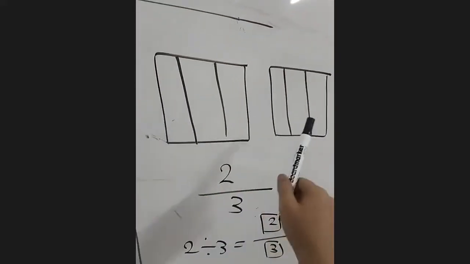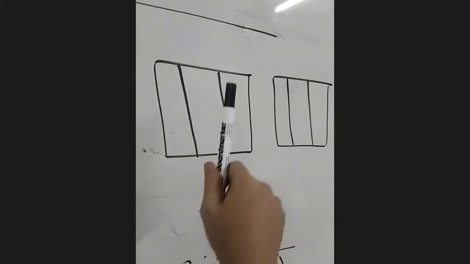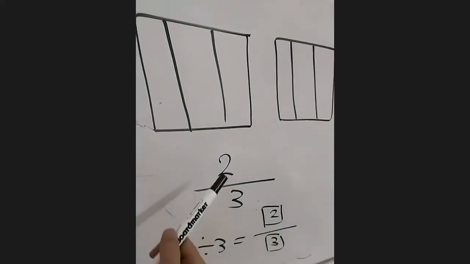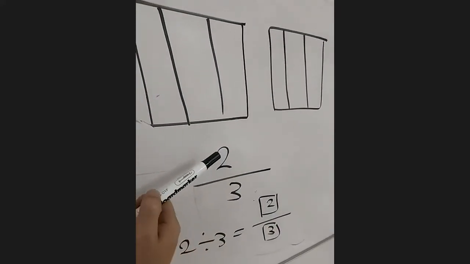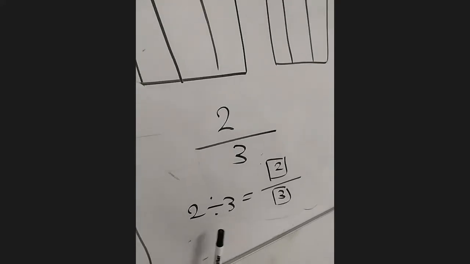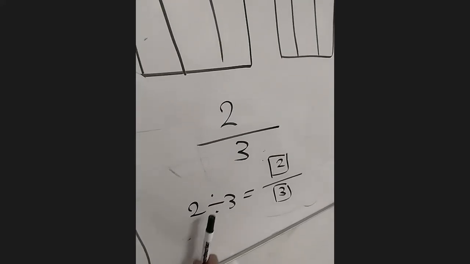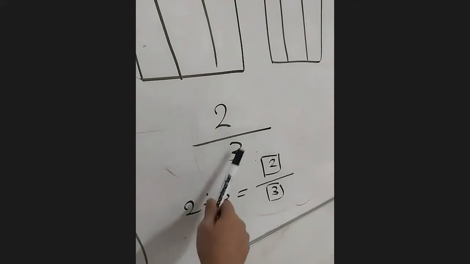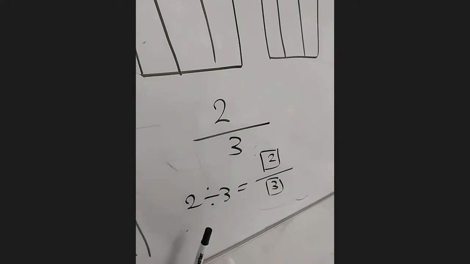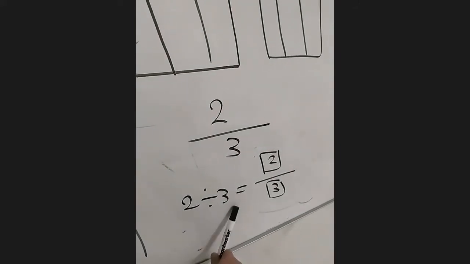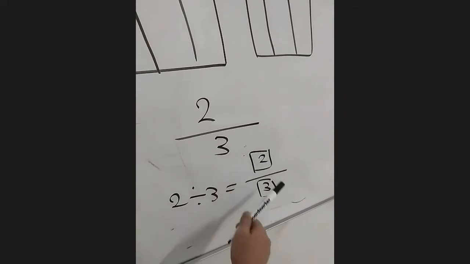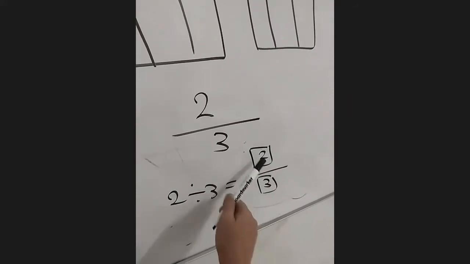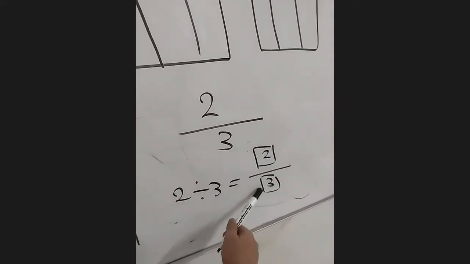So we have 2 big groups, and each one of them divided by 3 parts. So we will express it as a fraction 2 over 3. And down here, they wrote it as division. 2 over 3 is the same as 2 divided by 3. The upper number 2, the lower number 3. The numerator 2, the denominator 3.